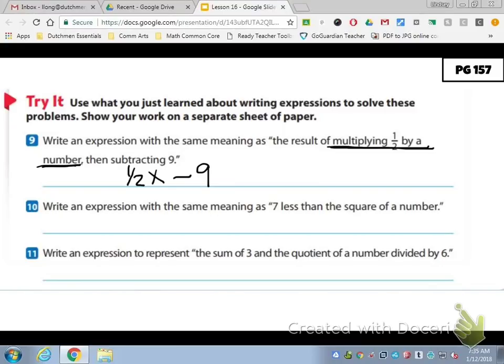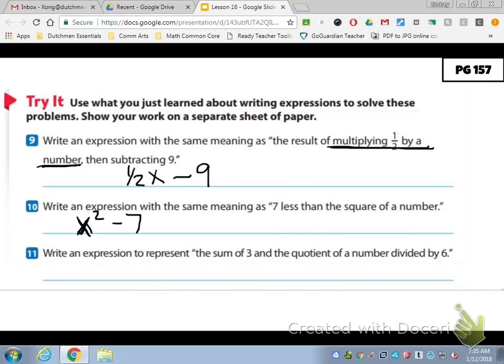We don't know what number, so we use x, and if we're talking about a square, remember we're using an exponent, it would be x squared, and it's 7 less than that. Well, if it's 7 less, we have to take away 7 from the x squared.